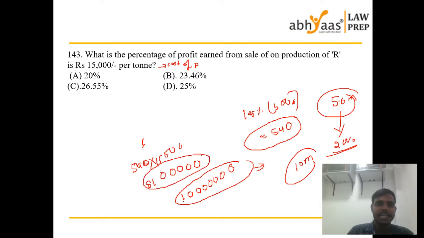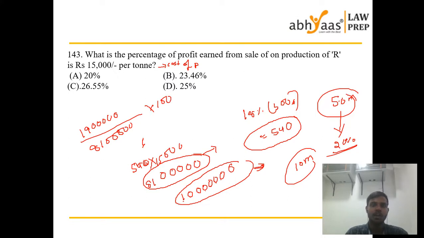What is the percentage profit earned in this transaction? So this is your price, the total price at which you are selling. So what is the amount of profit you are getting here? This is 19 lakh, 1.9 million. So you have to find the profit percentage. 19 lakh divided by 81 lakh into 100.